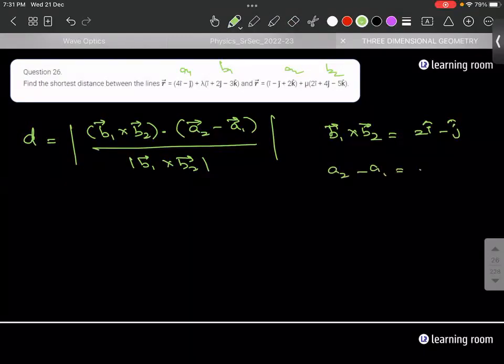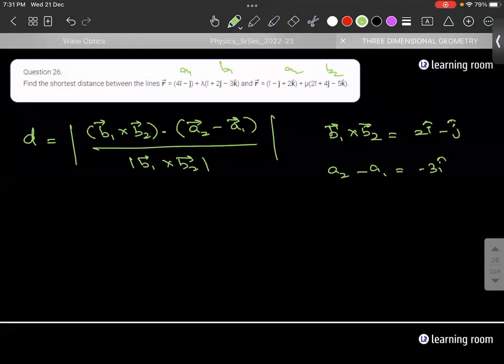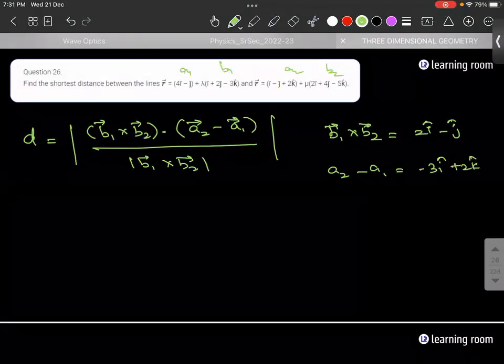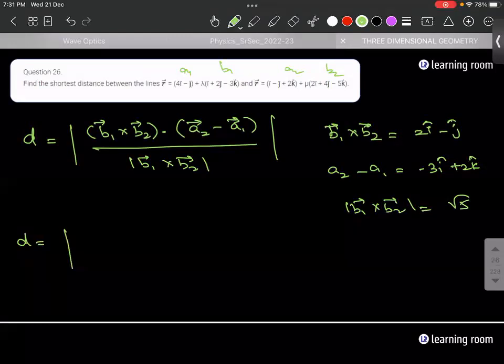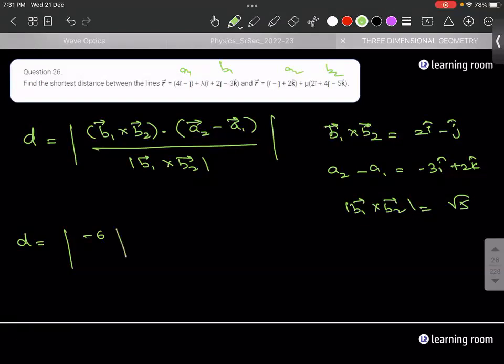A2 minus A1 is going to be minus 3 i cap plus 2 k cap. What is the magnitude of B1 cross B2? It is root 5. So D will be equal to the magnitude of the dot product of both, which is going to be minus 6, divided by root 5. So 6 by root 5 is the answer. Correct.